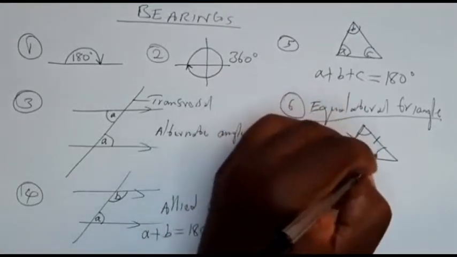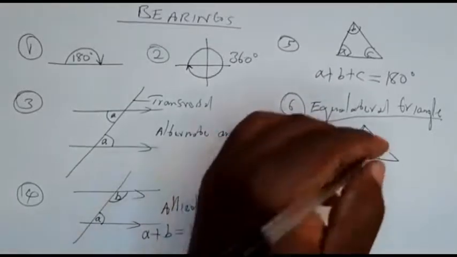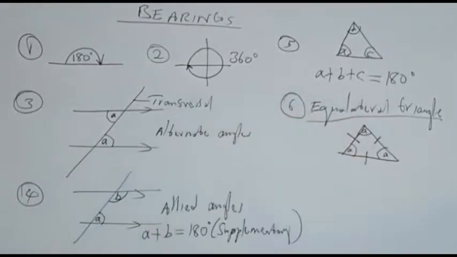This angle, and that angle, they will also be the same. If this is A, even this one will be A, that one will be A, okay? So they will be the same. Why? Because the three sides are the same in terms of length, meaning the angles also will be the same. Okay, very important, very important.